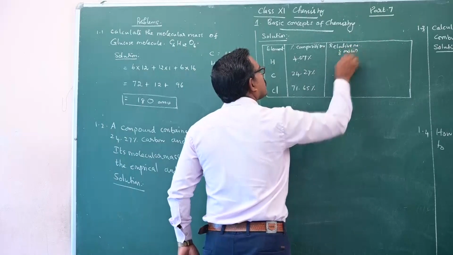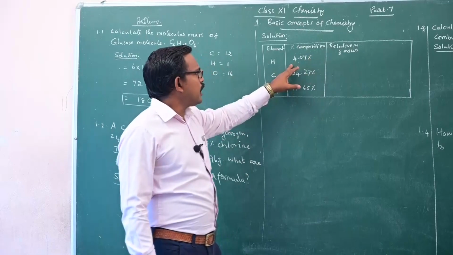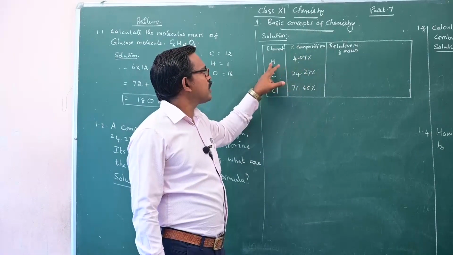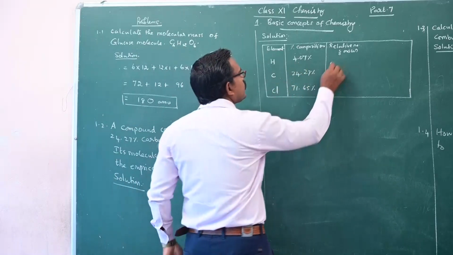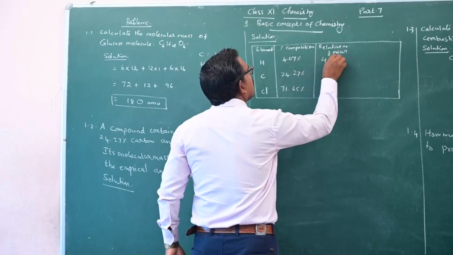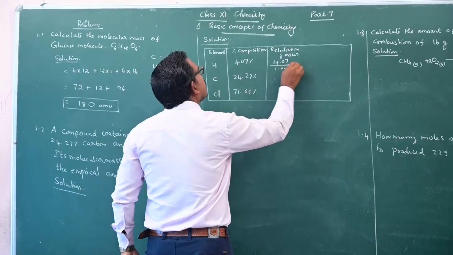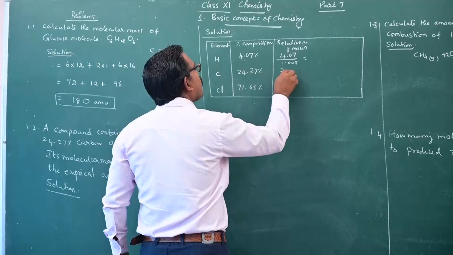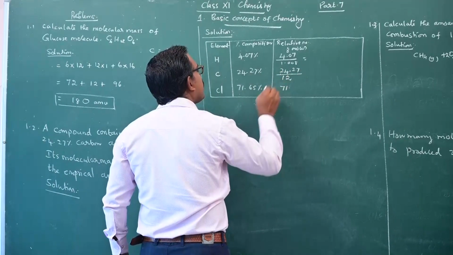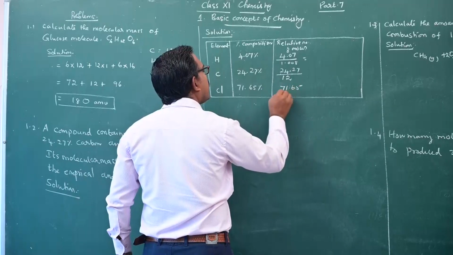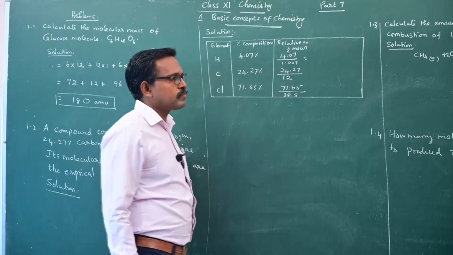The next stage: relative number of moles. How do we find the relative number of moles? The percentage of the given element is divided by its atomic mass. So, 4.07 divided by 1.008, 24.27 divided by 12, 71.65 divided by 35.5.